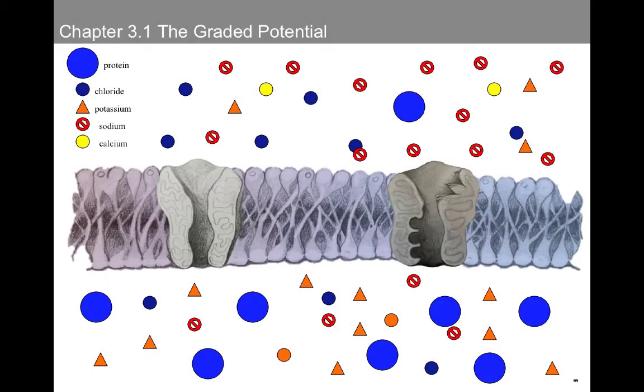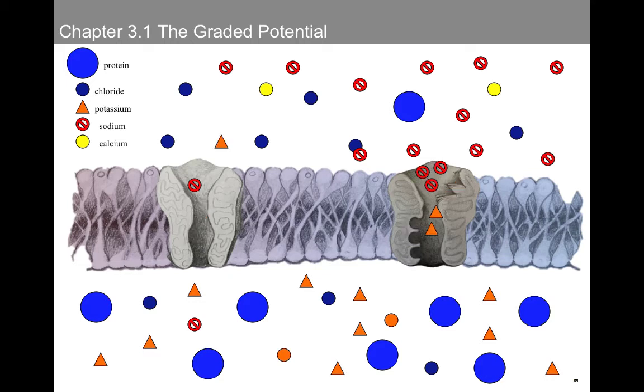So here we have the cellular membrane again. Over here we have our potassium channel, and here we have our sodium-potassium pump. And they're both working simultaneously. Sodium tries to enter the potassium channel. Oftentimes it's denied.